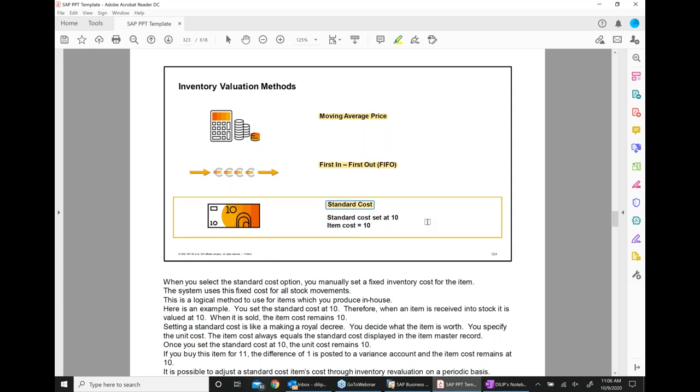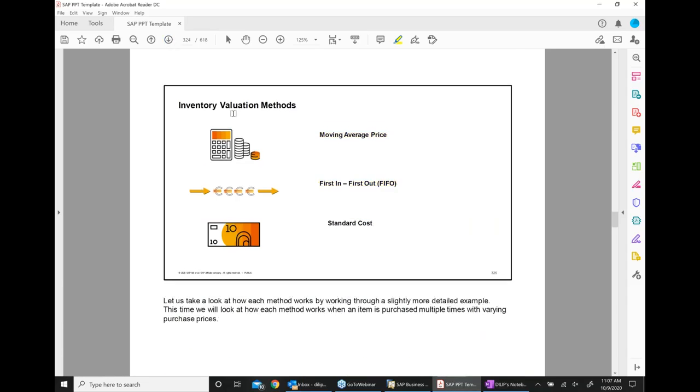It only changes when we change this cost of 10 rupees per piece. Okay, so that is why we have inventory valuation methods. I've seen most people using moving average price in India. So: moving average price, first in, first out, and then standard cost.